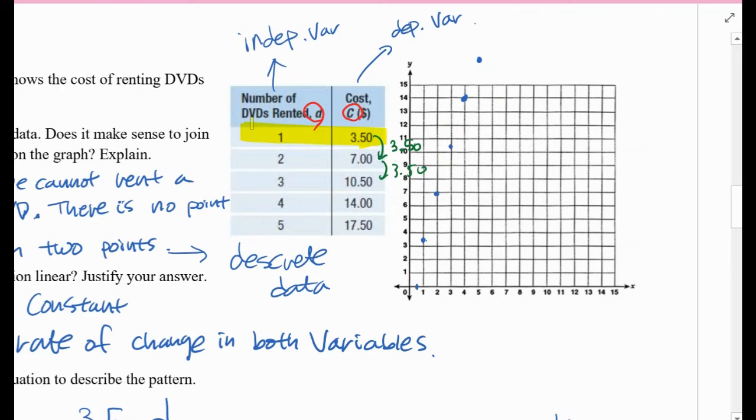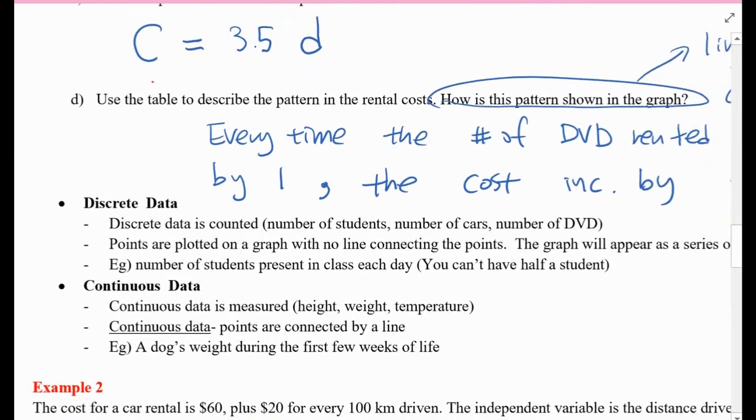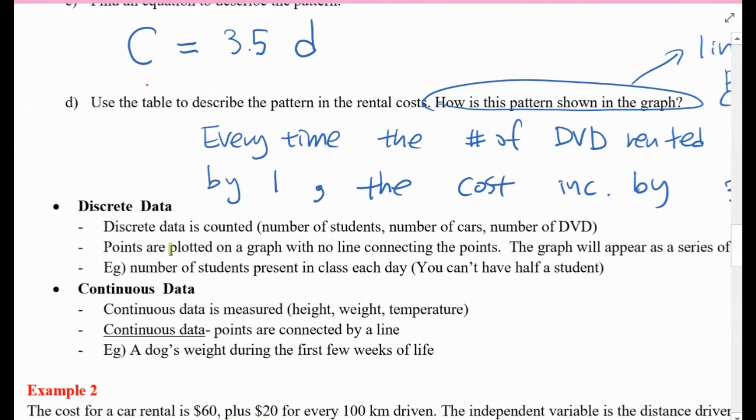Examples will be the number of students. The number of students is countable. You cannot have like 1.7 students. Number of cars, countable. You cannot have like 0.6 car, right? Number of DVDs, same thing, it's countable. So discrete data is counted.